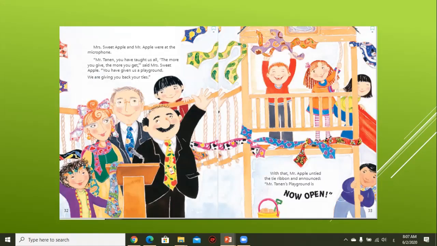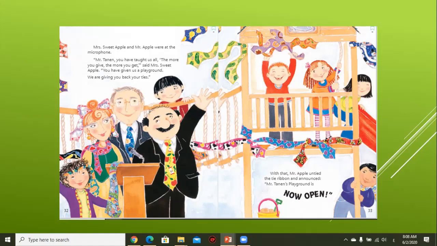Mrs. Sweet and Mr. Apple were at the microphone. Mr. Tannen, you have taught us all. The more you give, the more you get, said Mrs. Sweet. You have given us a playground. We are giving you back your ties.